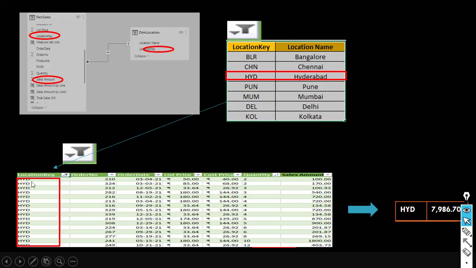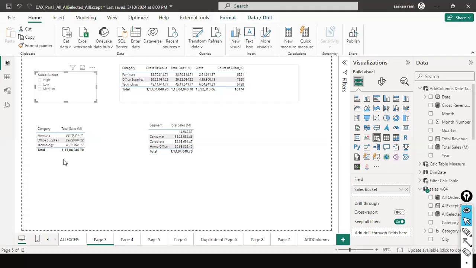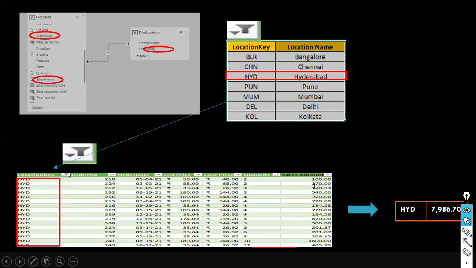Hence, all the Hyderabad records will get grouped together. The rest of them will get discarded, and then, because in this context we have used the total sales measure, behind the scenes it is the sum of sales. So it does the total on the sales amount. Hyderabad's total sales, that is what is done.